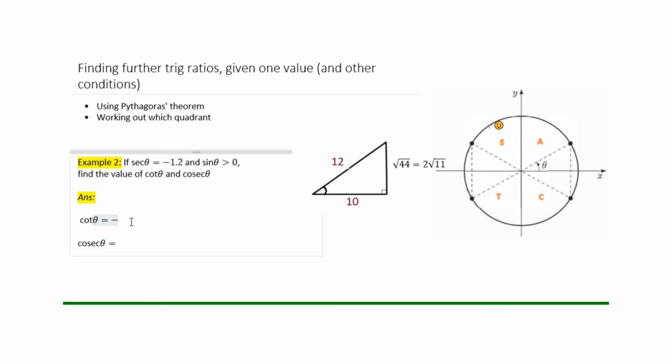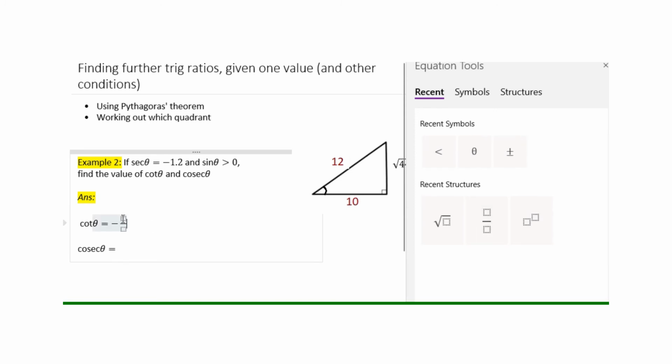If tan is O over A, then cotan will be A over O. So the answer will be negative 10 over 2 root 11, and we can simplify this, which is negative 5 over root 11, since 10 divided by 2 is 5. So that's our answer for cot.